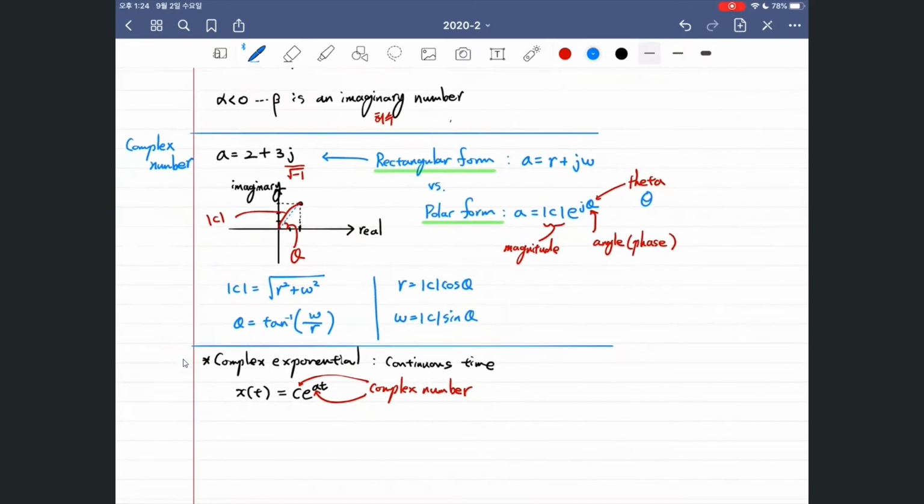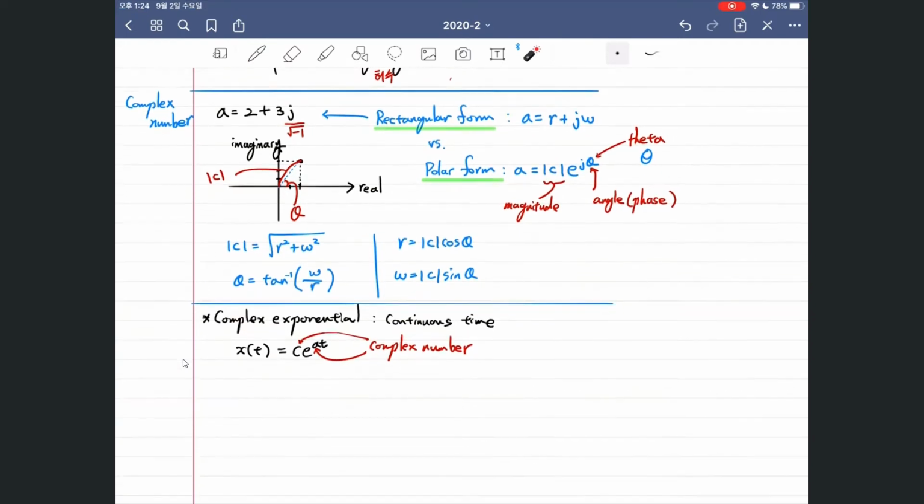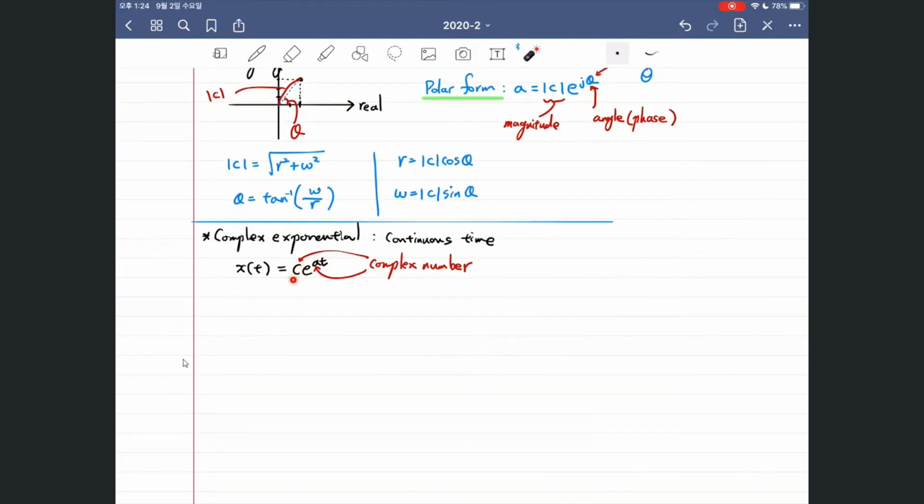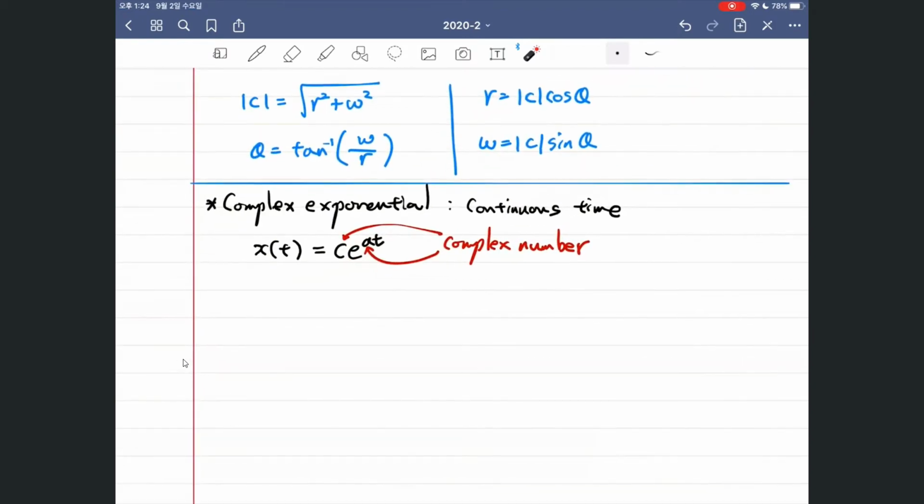Okay, so back to the complex exponential in continuous time. We had a review of rectangular form and polar form because we want to express these two complex numbers, C and A, in different forms. I would like to convert this C value to the polar form.